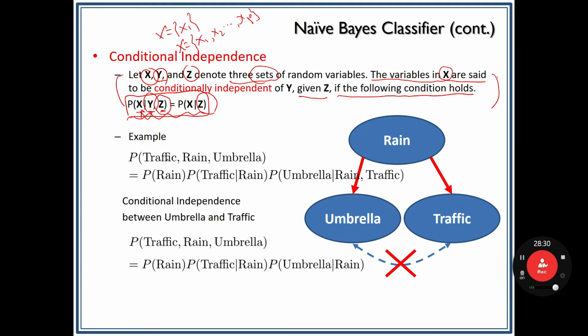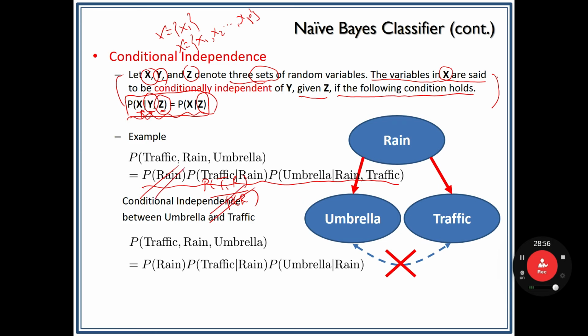So here's an example. The joint probability of traffic, rain, and umbrella can be rewritten by this thing, right? Because the second term is the probability of traffic and rain over probability of rain, and this can be cancelled out.